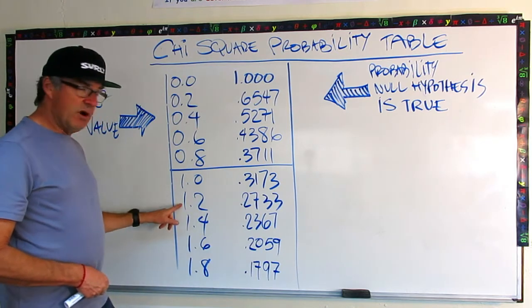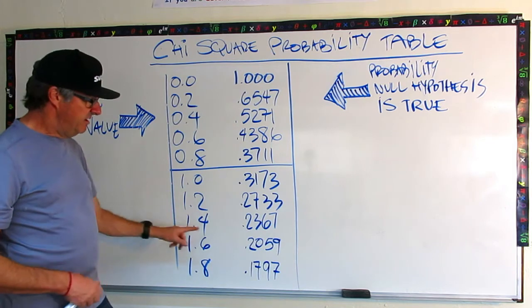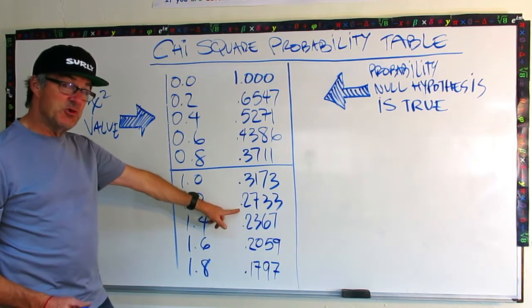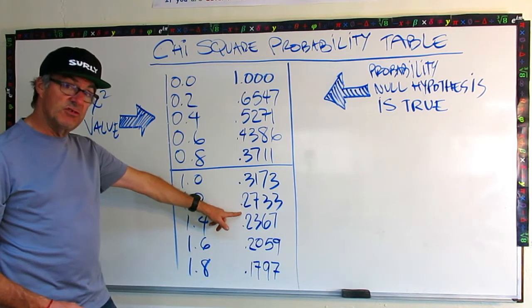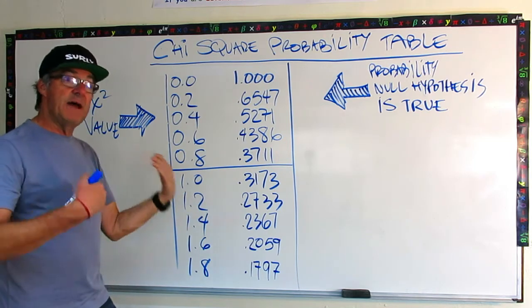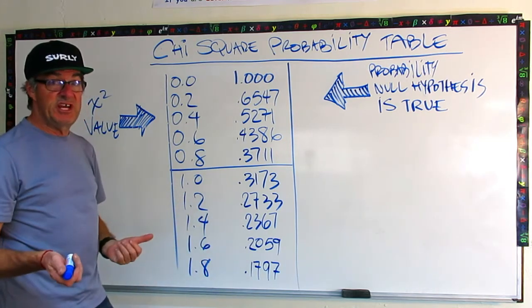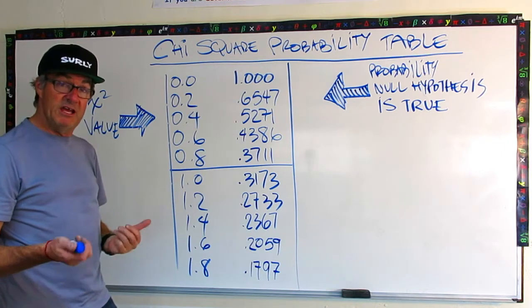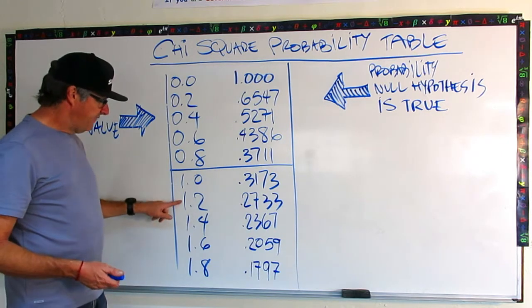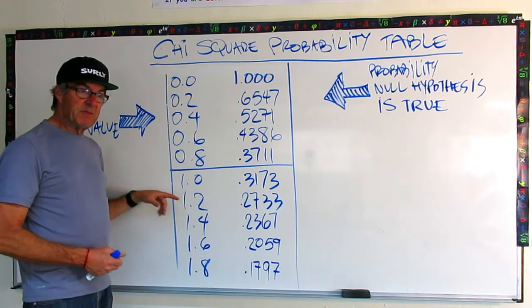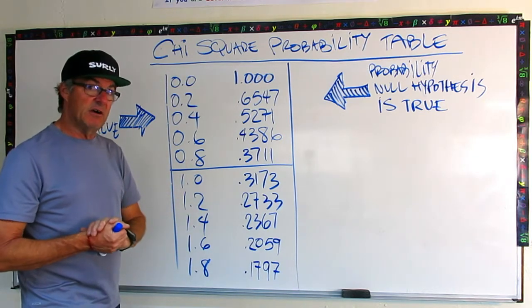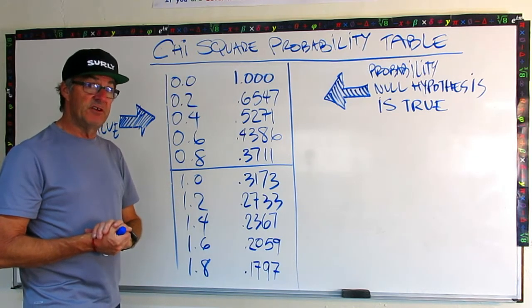So chi-square of 1.2, which doesn't seem too high, the null hypothesis only has a 27% chance of being true, which means that the alternative hypothesis has roughly a 73% chance of being true. Okay, interesting. So if you got a chi-square of 1.2, it's more likely that your hypothesis is true than your null hypothesis.